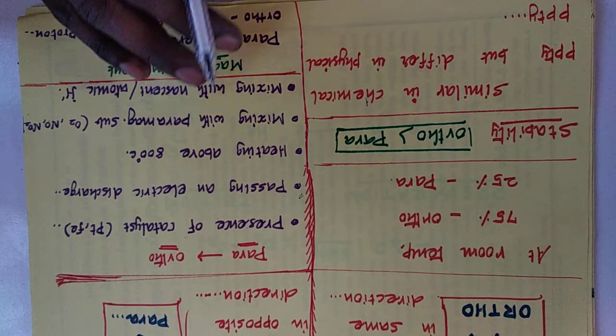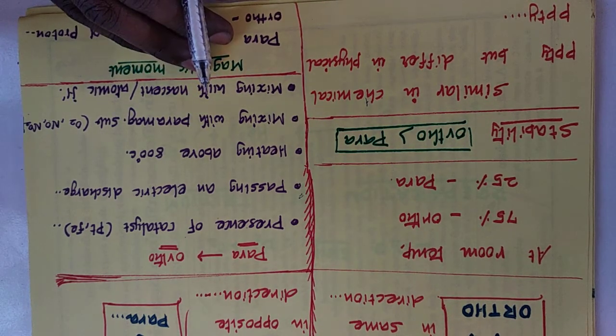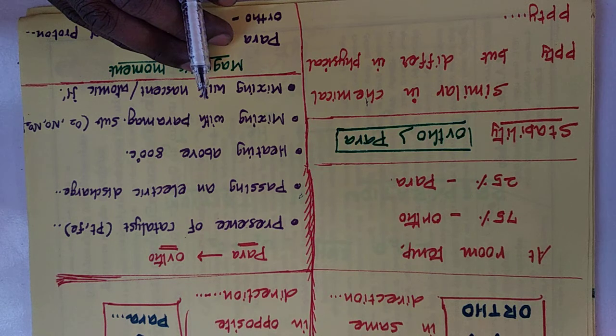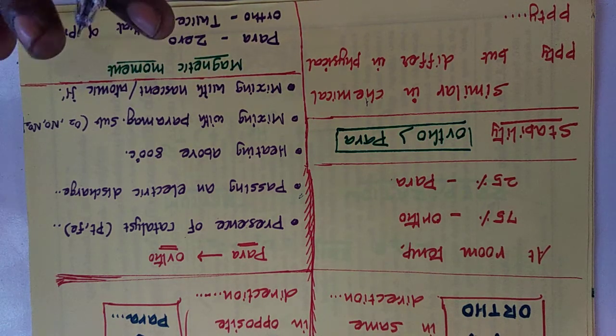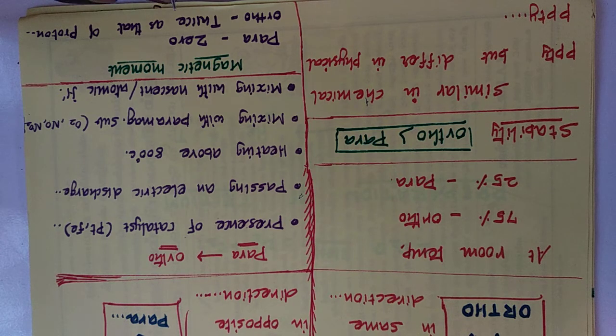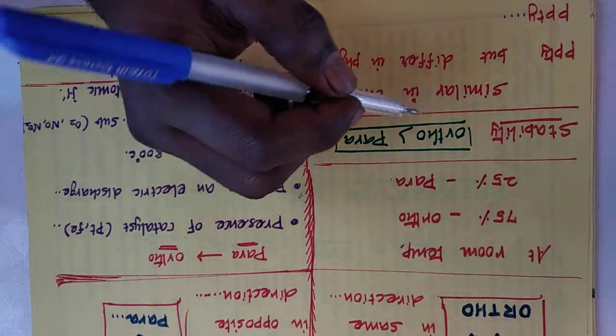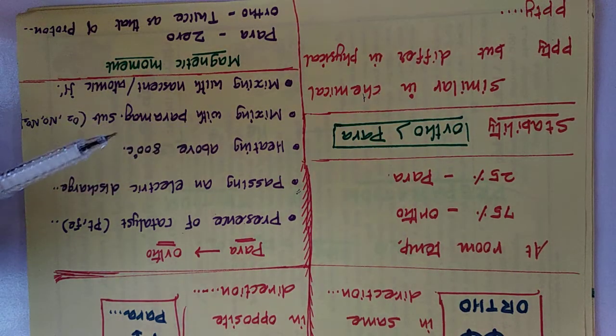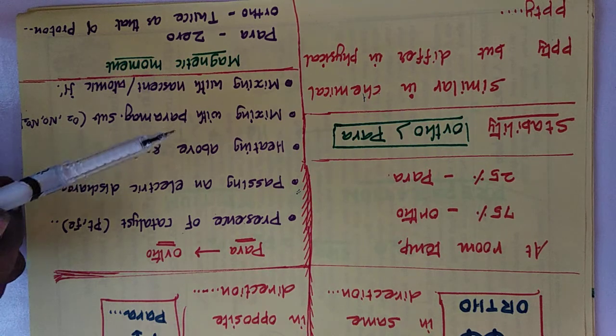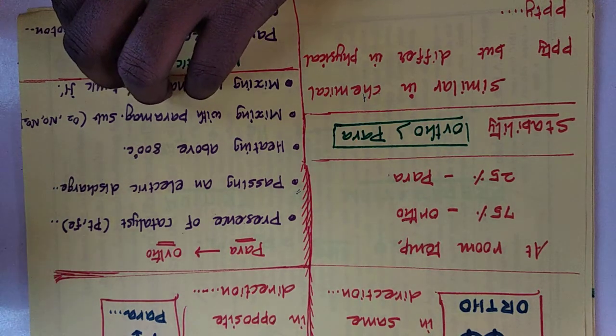Their chemical properties are almost similar, but they differ only in their physical properties. The difference in physical properties is given in your textbook. I didn't take that one. You can refer to your book for further understanding. So these two forms of hydrogen, ortho and para hydrogens, are similar in chemical properties but differ in physical properties.